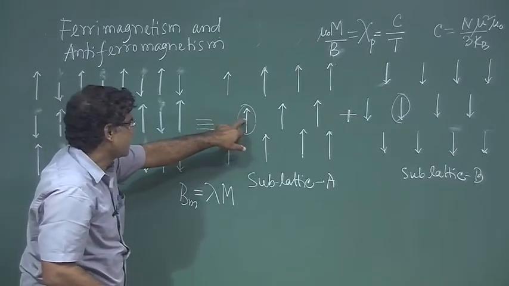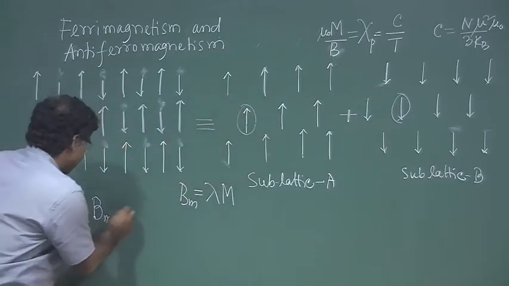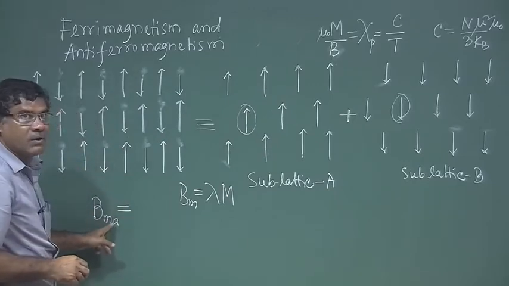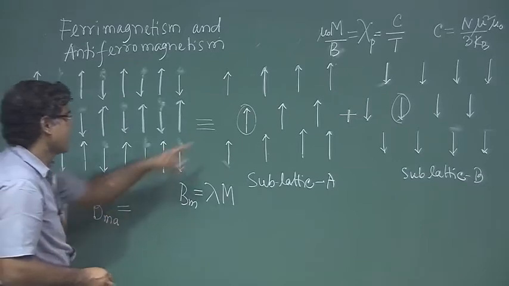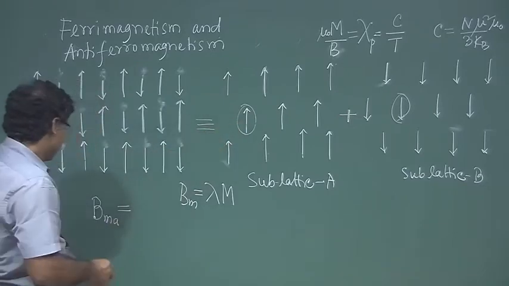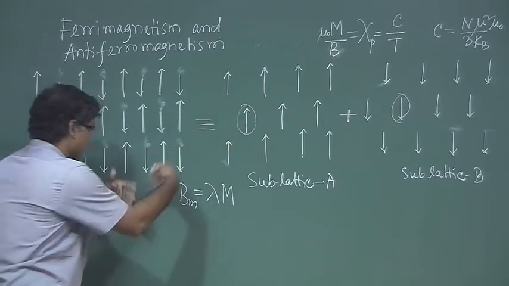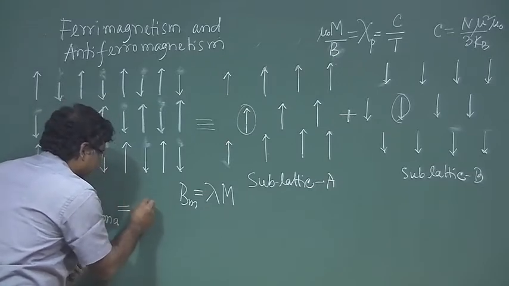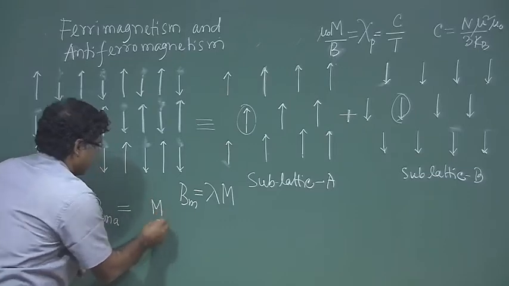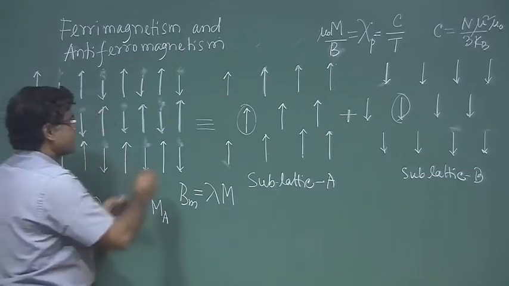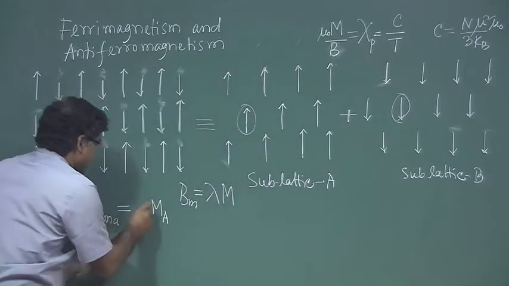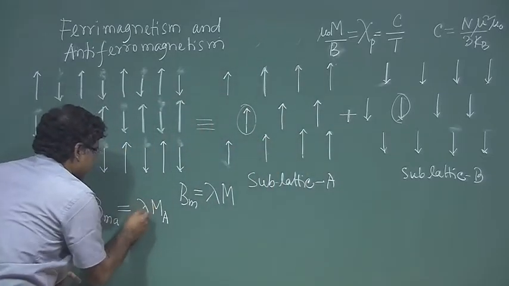So, here this molecular field we can write B molecular field on A site spin. So, that is from that we will take magnetization from A site, magnetization of this A site, and then this proportionality constant.